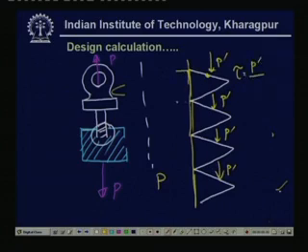The area is pi d c times this height h, let us say. So if we have a large h, then the shear stress is less.